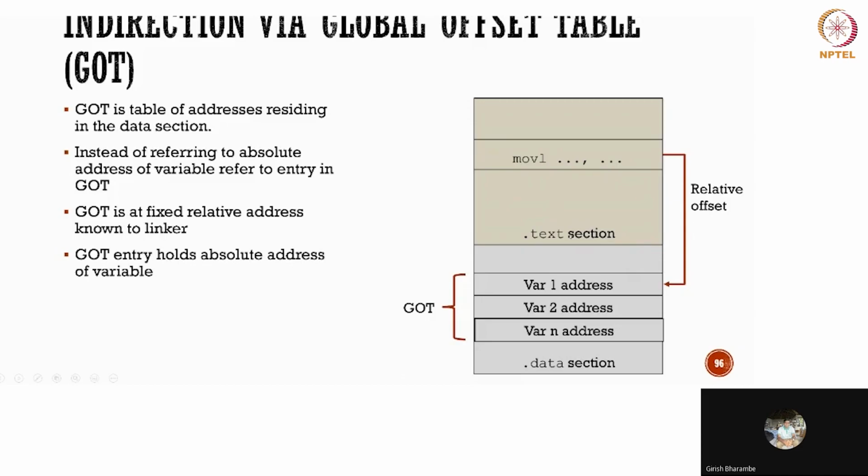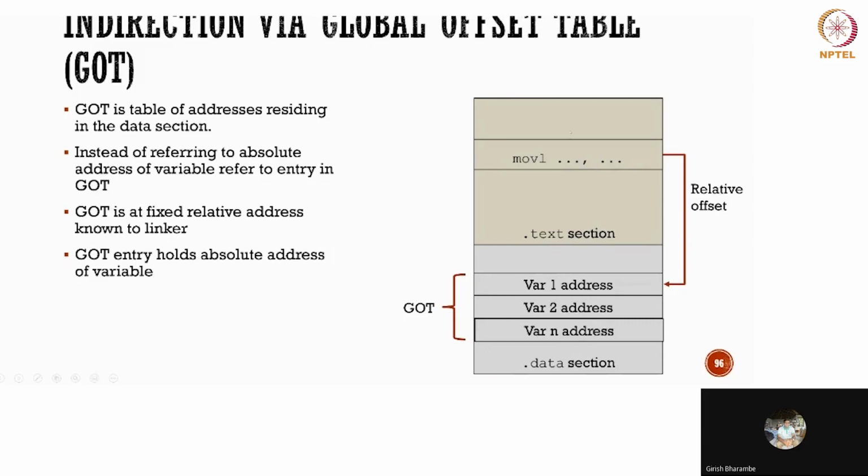It is part of the data section, but it is always at a known and fixed location relative to a text section. So instead of modifying this move instruction, which needs the address of var1, to use var1's address directly, you could go via the GOT to get that address.